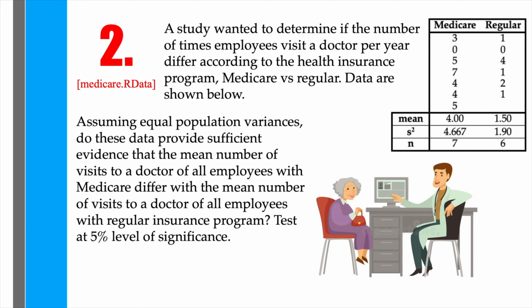Data are shown below. Assuming equal population variances, do these data provide sufficient evidence that the mean number of visits to a doctor of all employees with Medicare differ from the mean number of visits to a doctor of all employees with the regular insurance program? Test at 5% level of significance.